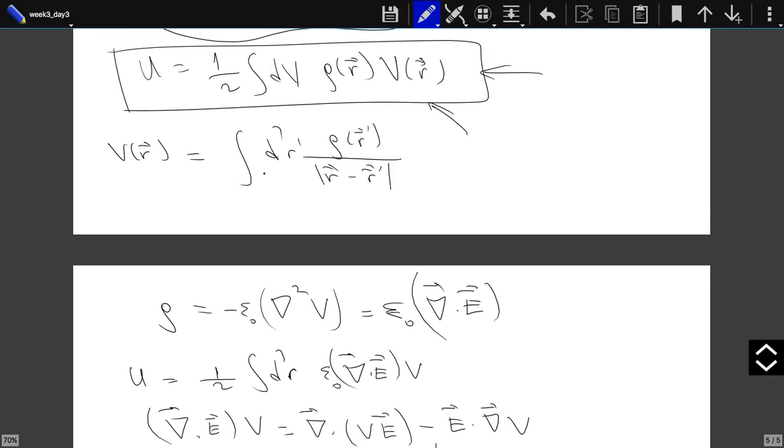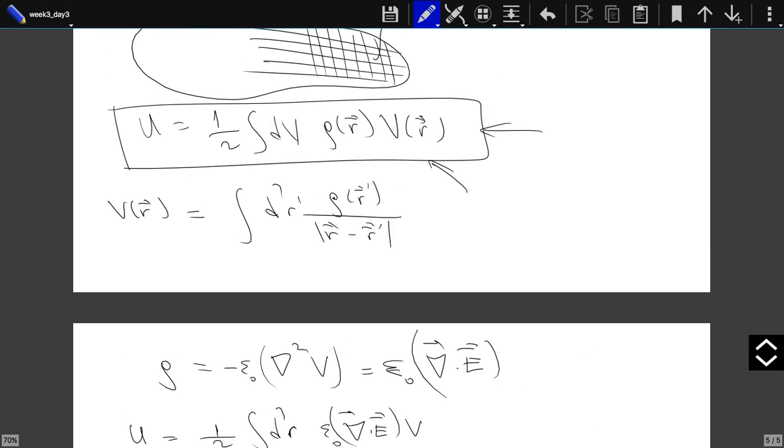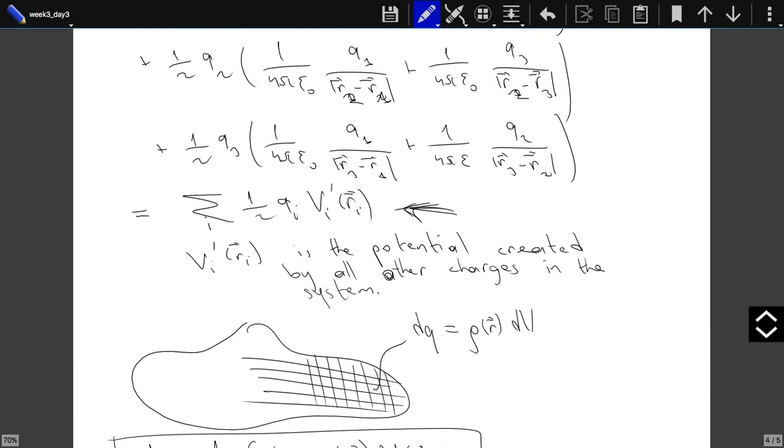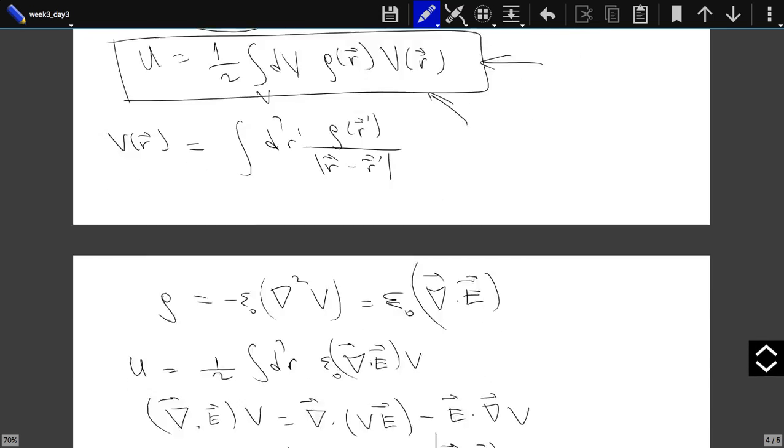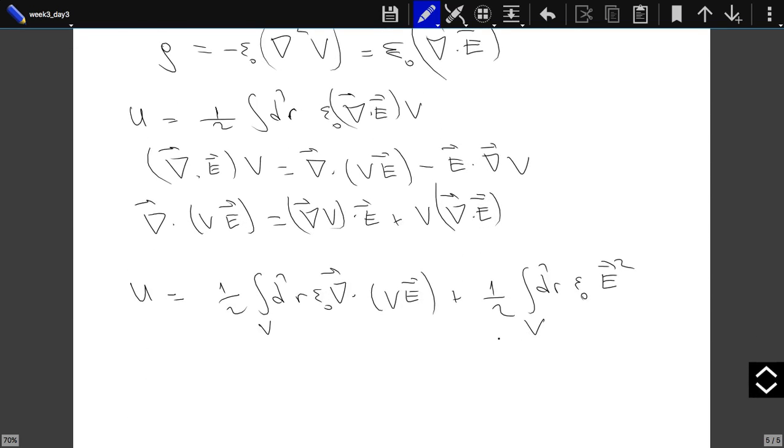But just keep in mind that this volume should contain all the charges in my system. Basically, because here, you see, I have this charge density, or let's go back. Here we are summing over all the charges in my system. So when I convert it into an integral, I should be integrating over a volume that contains all my charges. So this volume V can be any volume, as long as it contains all the charges.